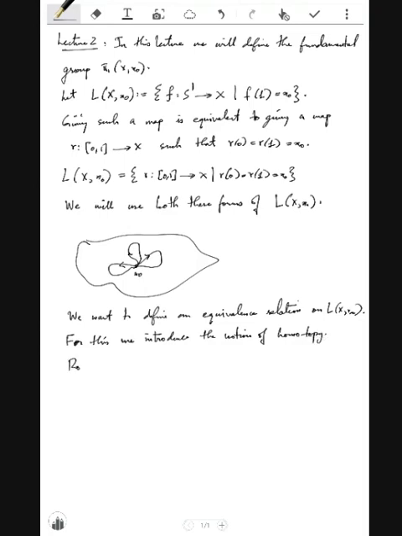Roughly speaking, we say two loops or two maps more generally are homotopic if one can be continuously deformed to the other.